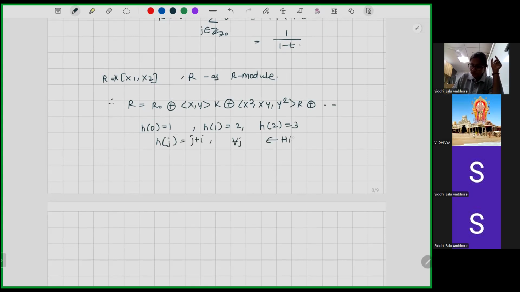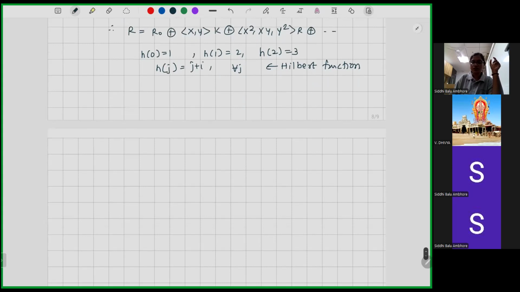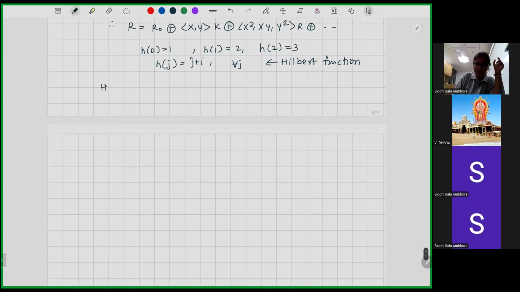So the Hilbert series of k[x, y], let us write H_R(T), is just 1 plus 2T plus 3T squared and so on, and this has the expression 1 over 1 minus T whole squared.